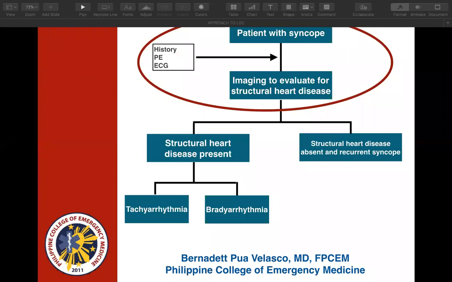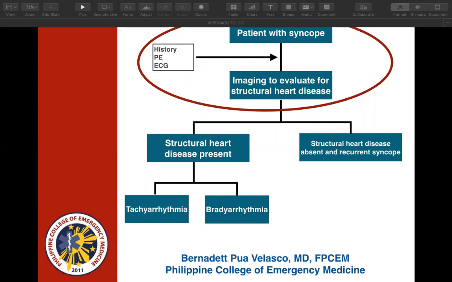Most cases of syncope arise from benign causes. So the evaluation is largely focused on identifying those cases caused by serious pathology. First, you need to take the history and physical examination of the patient, and we do a 12-lead ECG in all patients presenting with syncope.